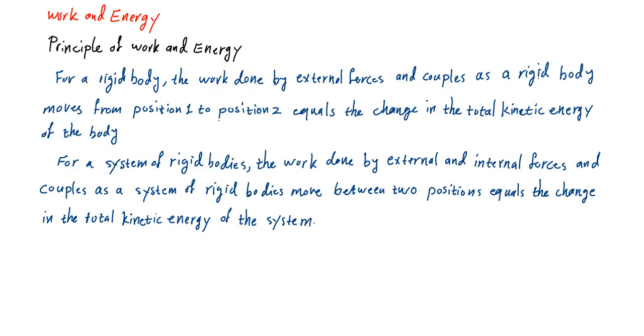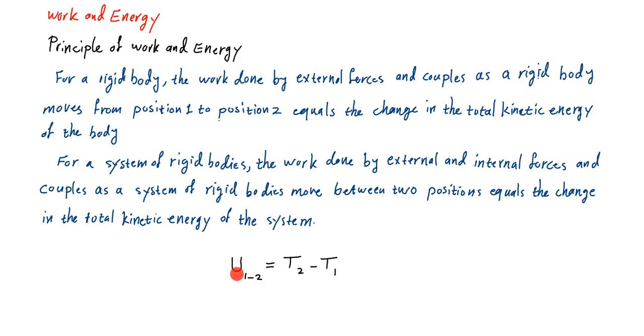Now, the general equation is the same: the work done going from point 1 to point 2 is equal to the change in the kinetic energy, whether it's just one rigid body or a system of rigid bodies. Now, I'm going to look first into the kinetic energy and see what is the difference between a rigid body and a particle when we're dealing with kinetic energy, and we'll look into the work done by forces.